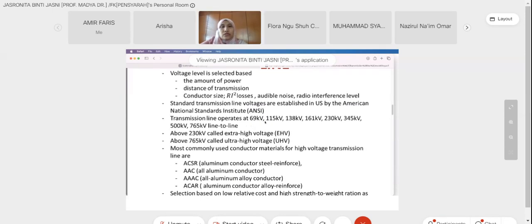So basically, we use the ANSI, American National Standards Institute, whereby we have this kind of transmission line. This is basically based on the American Institute.